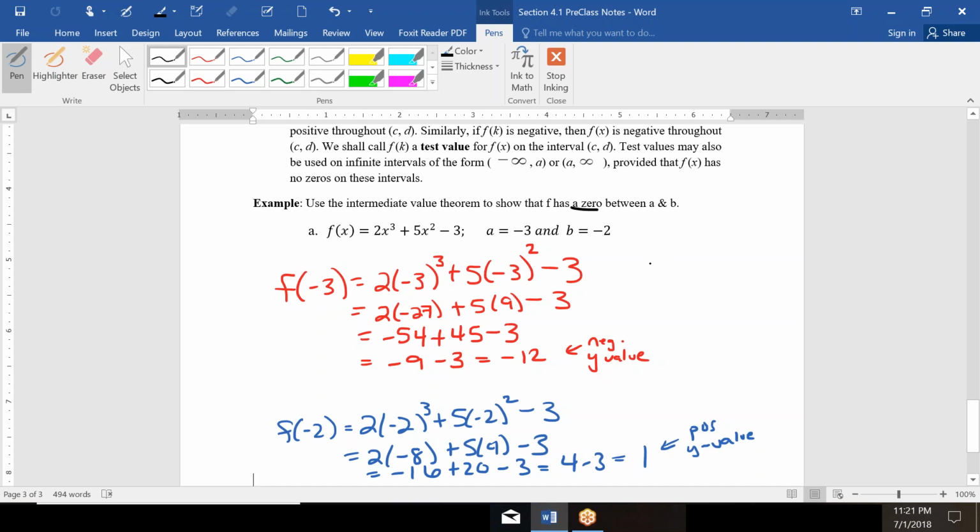So we have shown that yes, a 0 exists between the x values of -3 and -2. And that's by the intermediate value theorem. That's our reasoning for that.